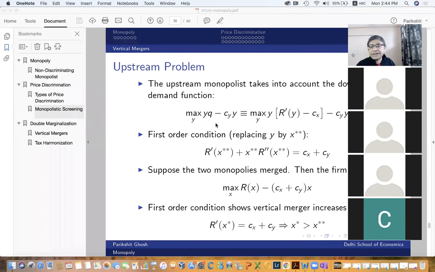That has a negative impact. That will lead to lower consumer surplus, but also lower social surplus and so on. But this vertical merger not only increases social surplus, it's actually a Pareto improvement. It's a win-win for everyone. What is the intuition? Why is this happening?